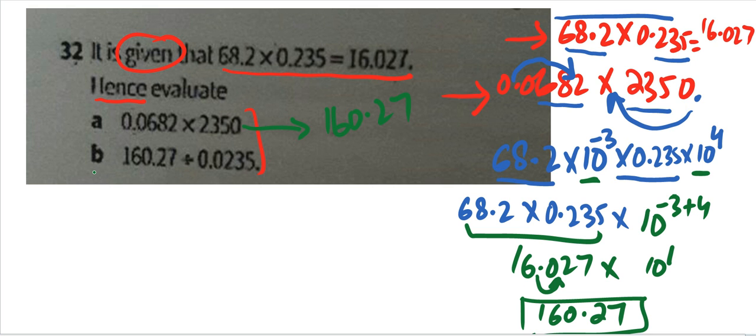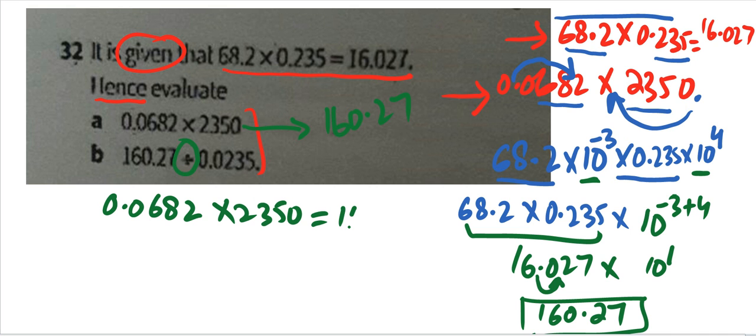In the second part, it is given that 160.27 divided by, now there is the word "divided by". If you use your first expression, that was 0.0682 times 2350, that is equal to 160.27. Now try to bring your question to the given arrangement.